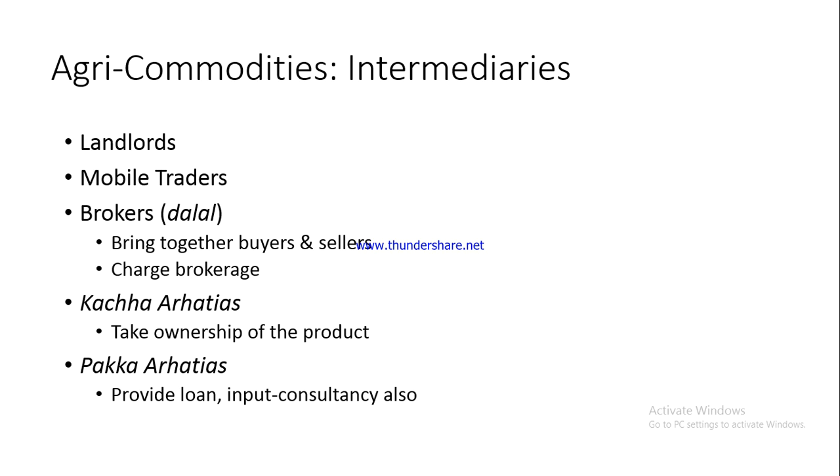They are all intermediaries. And one more thing which has happened, and this has now been understood, is that these intermediaries, since they are in a dominant position, exploit the farmers a lot.